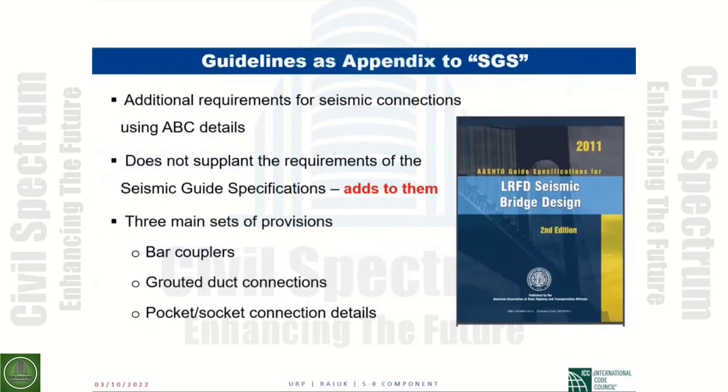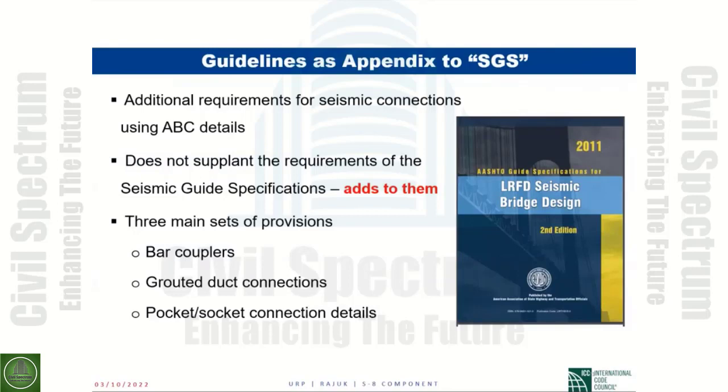Now, one of the major decisions that we made early on was that the ABC design guidelines that we are going to develop will be a supplement, an appendix, to the existing LRFD seismic bridge design.